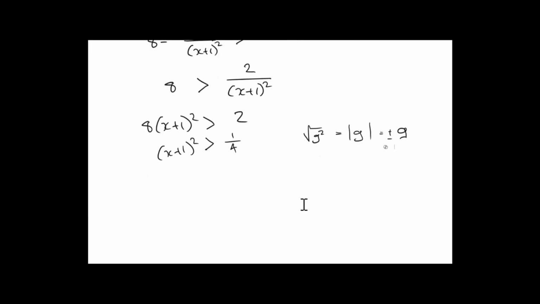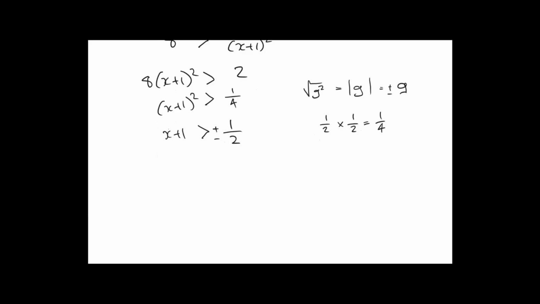Okay, so therefore, x plus 1 must be greater than the square root of a quarter. Now, square root of a quarter is not an eighth, it's a half. So just to recap, half times a half is a quarter. So this is going to be a half, but it's going to be plus minus a half.